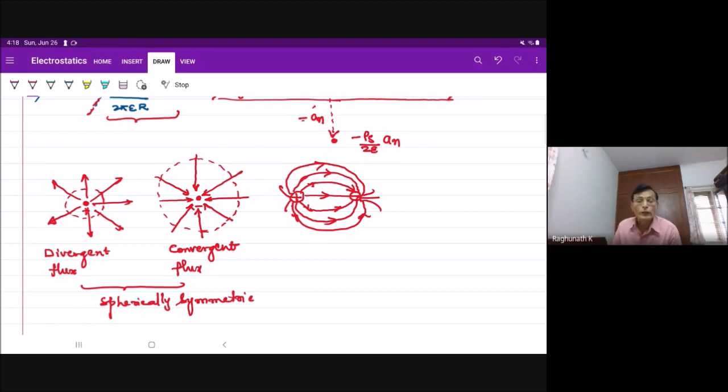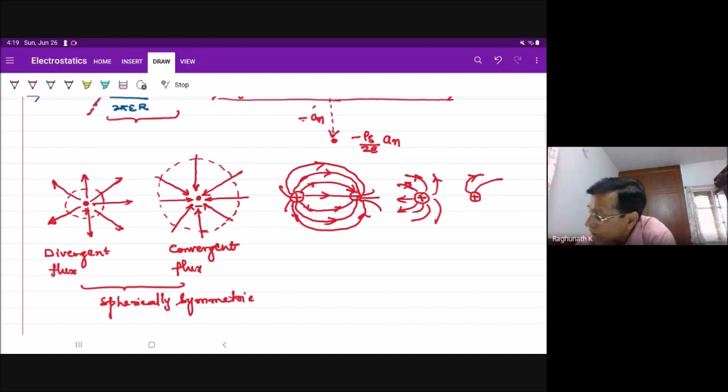Or in the case of both positive and both negative charges, we saw that the field lines are like this, with arrow marks going out if it is positive charge. This is the flux line structure.